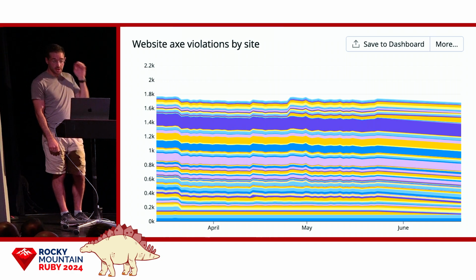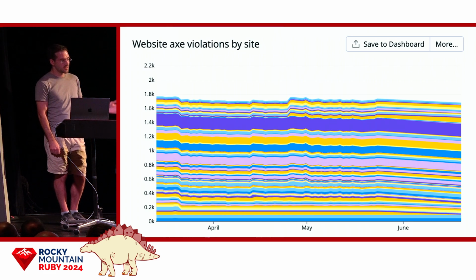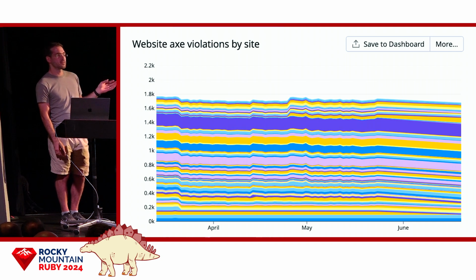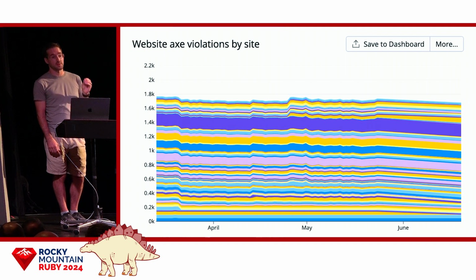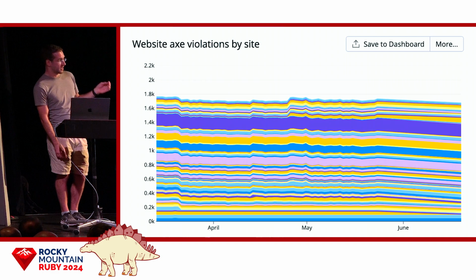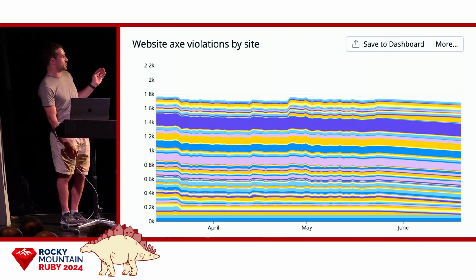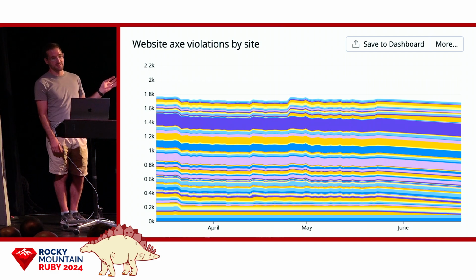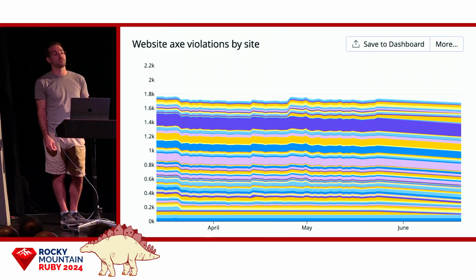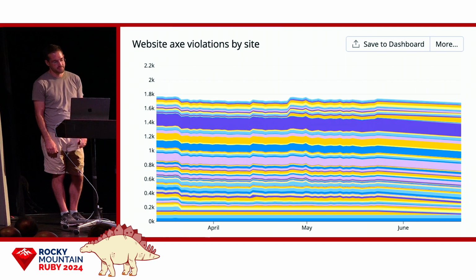And this is actually pretty good. The industry average is 55 detected by Axe on a page that's been unremediated. But Axe is very conservative in what it reports. It only reports things that are very confidently wrong. These aren't warnings, these are errors. And I'll also just say that if someone comes to your site and can find something that Axe can find, it's basically evidence that you didn't even try, because it's super obvious stuff.